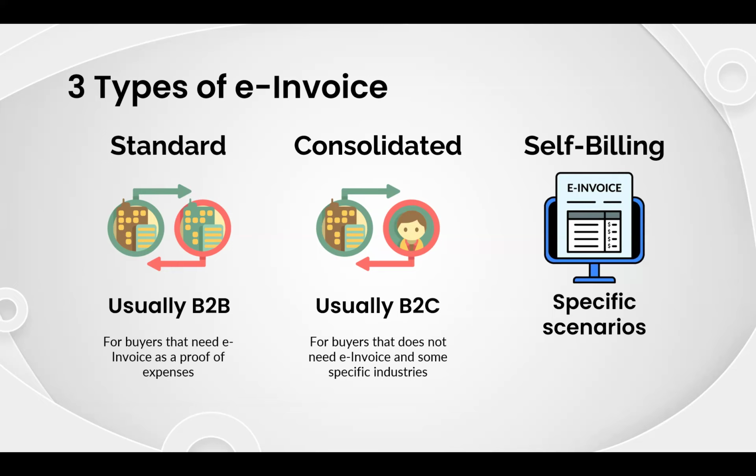You will take it in as a purchase invoice, but you will convert it to a self-billed invoice, because this is the requirement from IRB. They need you to self-bill yourself. So this is a specific scenario.